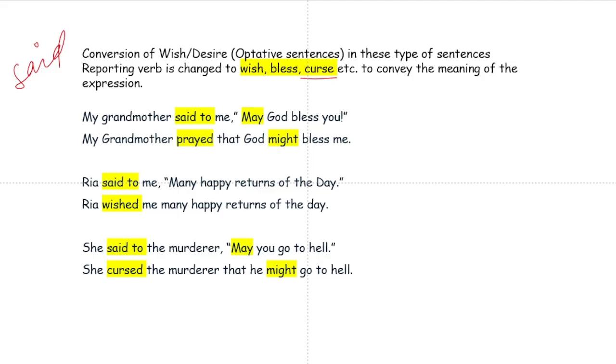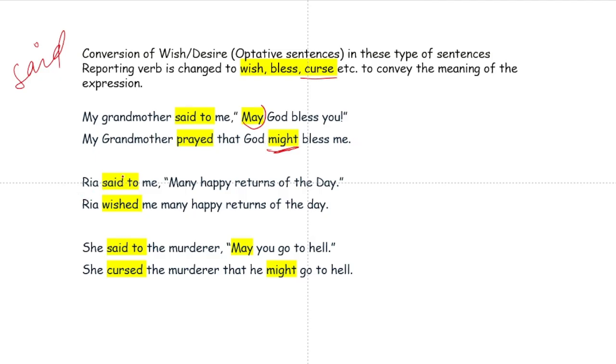Like my grandmother said to me, may God bless you. So my grandmother said to me will change into prayed, because may means pray. So my grandmother prayed that God, may will change into might. Do you remember we had done these rules in the very first part? So may will change into might. God might bless me. Clear?